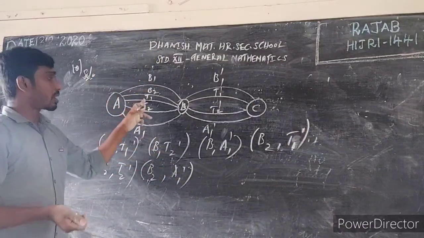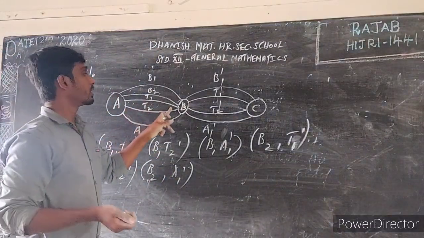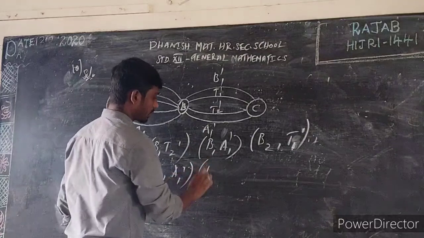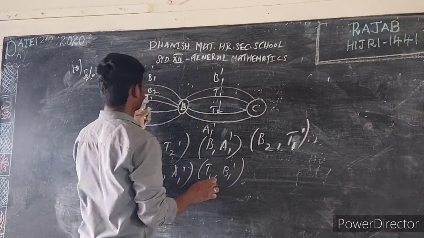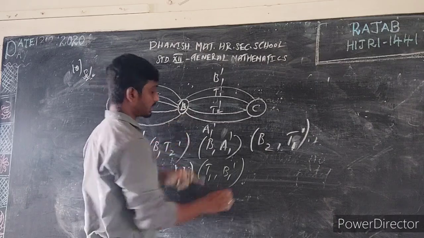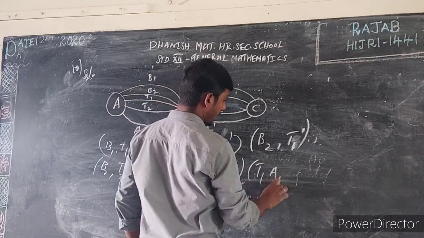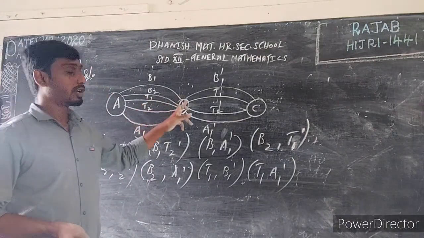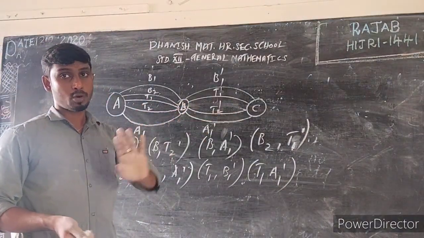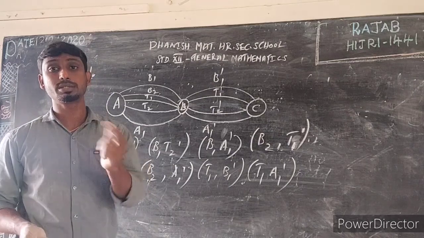So now comes T1. T1 will go into B1 dash. Mode of transportation T1, comma, B1 dash. T1 mode of transportation, that is A1 dash only, because train to train is a similar mode of transportation. It will not be without similar mode of transportation.